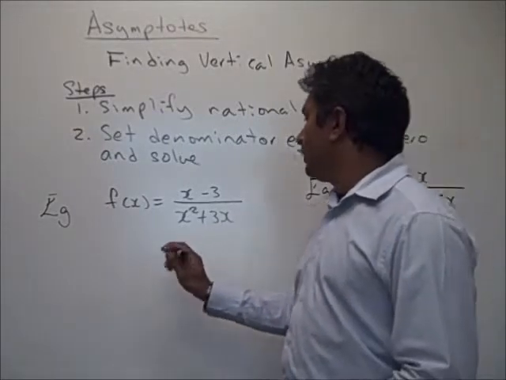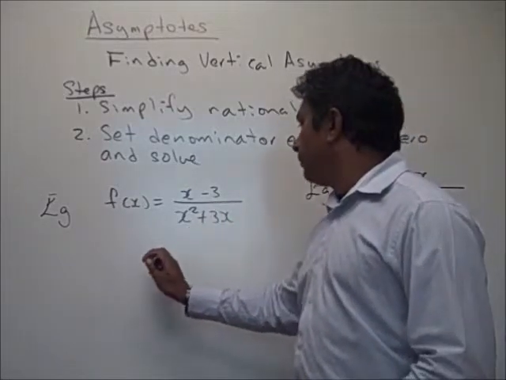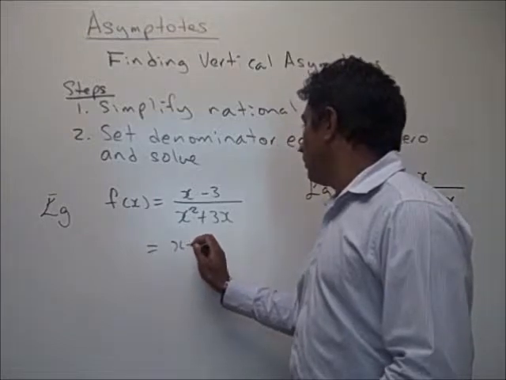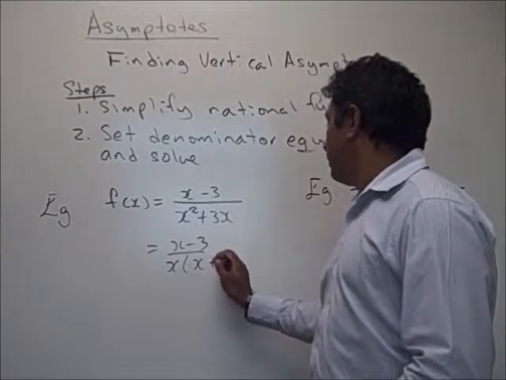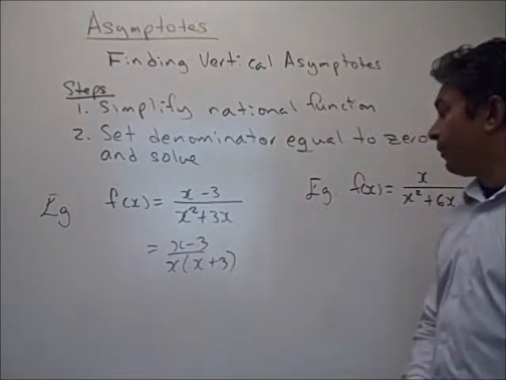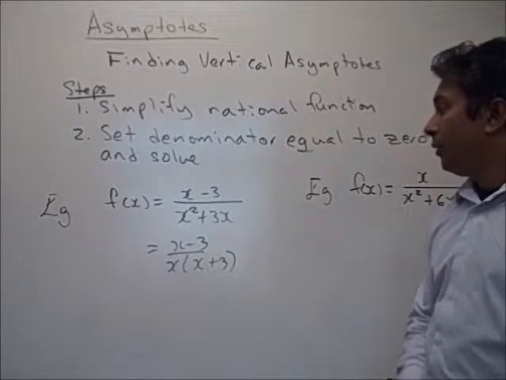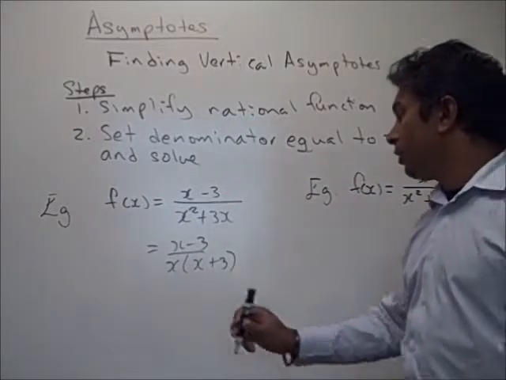So if we take this first example here, if we factor the denominator, we have x times x plus 3. Now, x minus 3 over x times x plus 3 cannot be simplified. Therefore, we can go to step 2, which is setting the denominator equal to 0 and solving it.